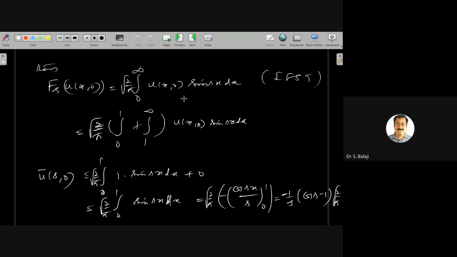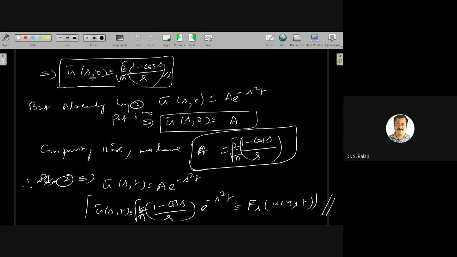This is your answer for u bar s comma 0: u bar of s comma 0 equals root of 2 by pi times (1 minus cos s) by s.